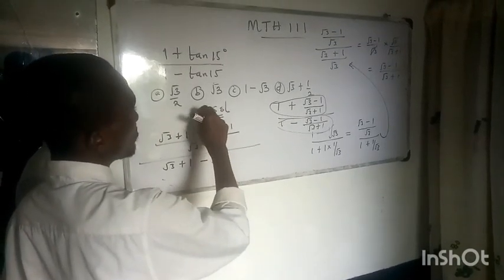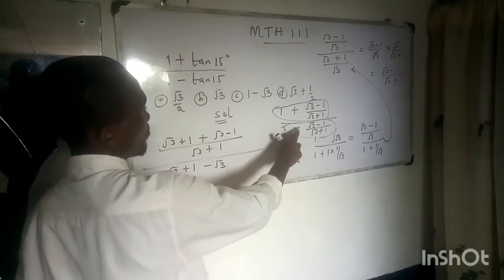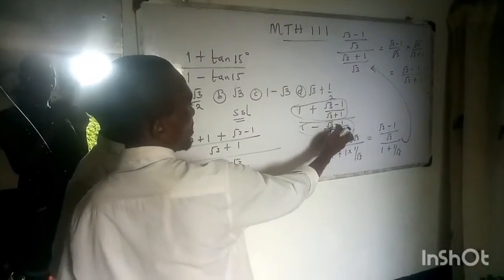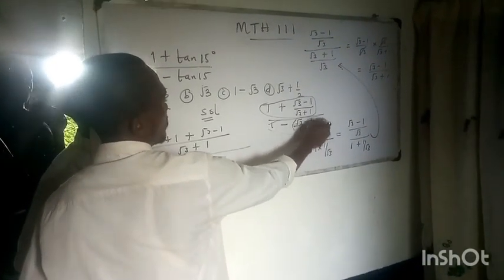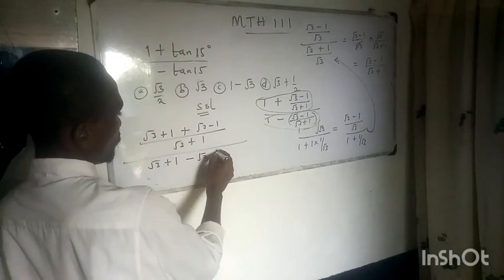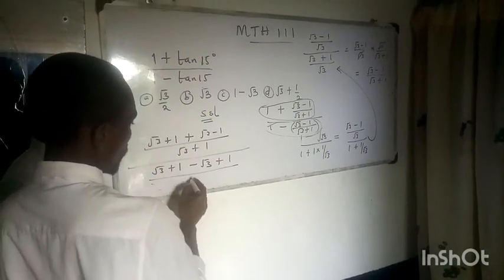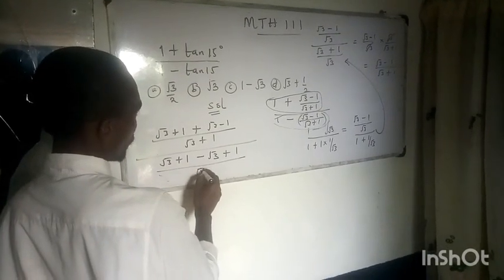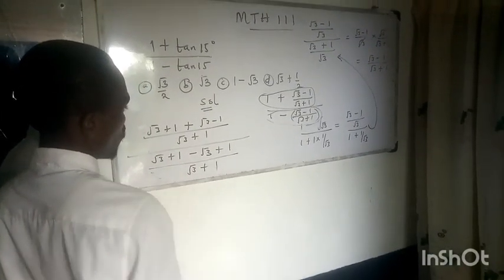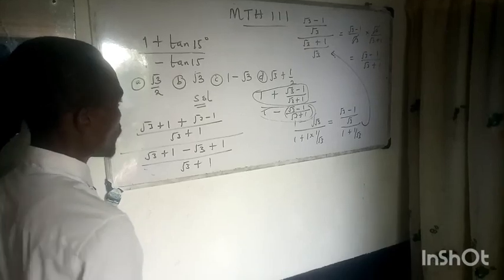Now this minus is going to actually affect this. So we have plus 1, then we have over our root 3 plus 1. So what do we have?